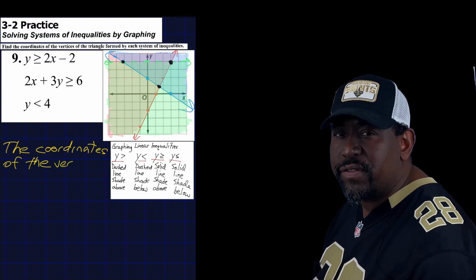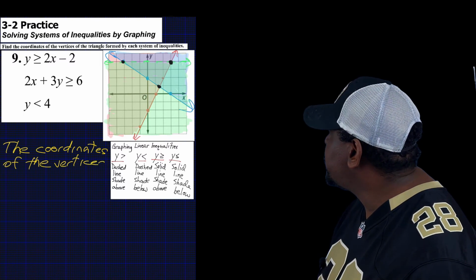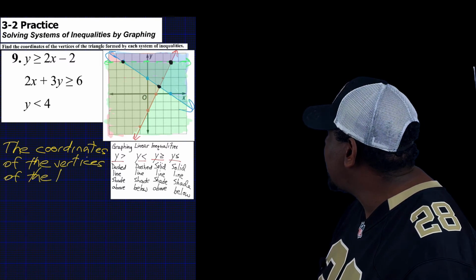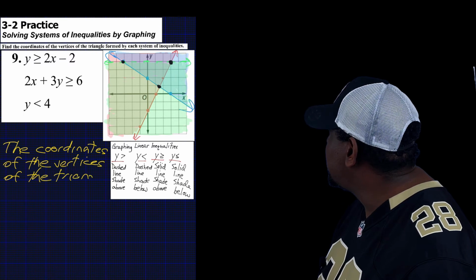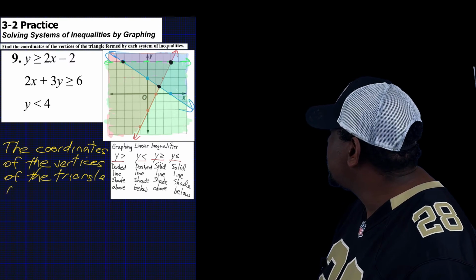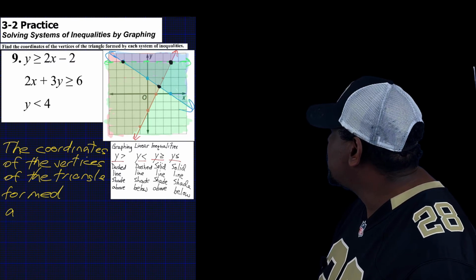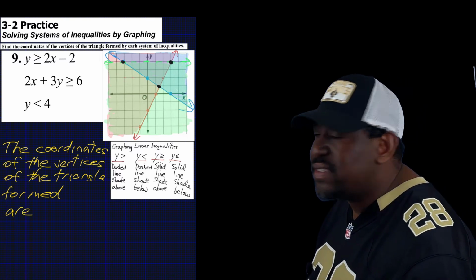Which one do you think the first coordinate is? Looks like one is 3, 4. And then another one looks like it will be negative 3, 4. That's 2 of them. I can see those right away.